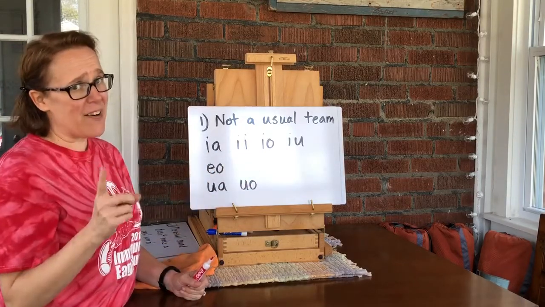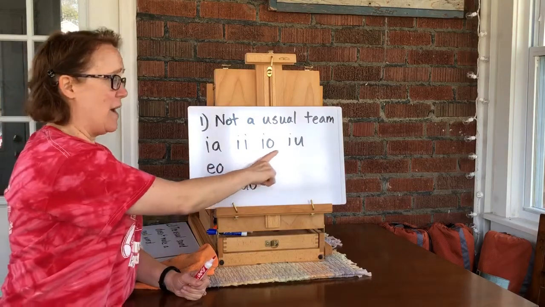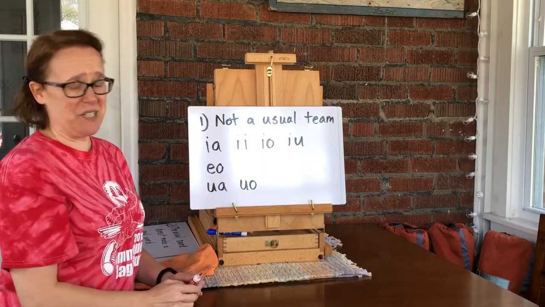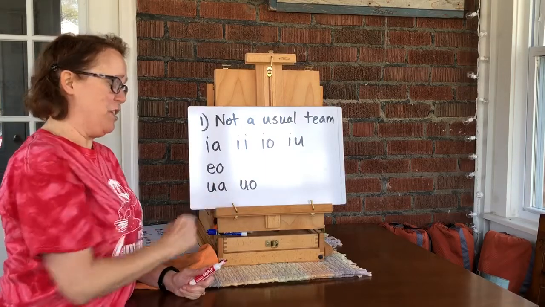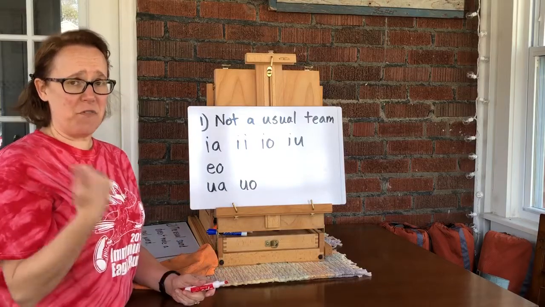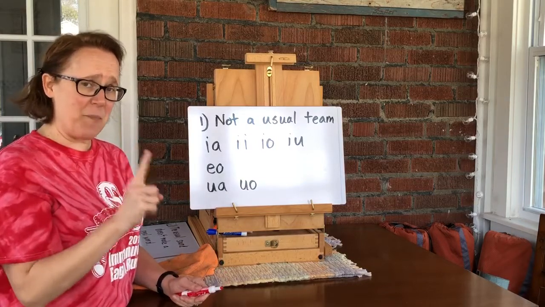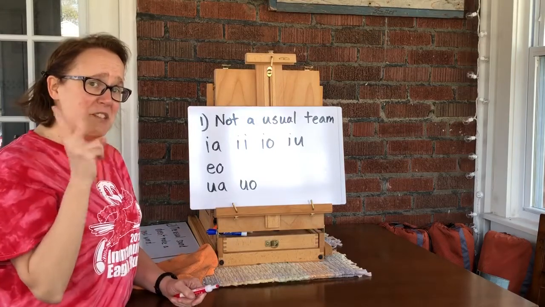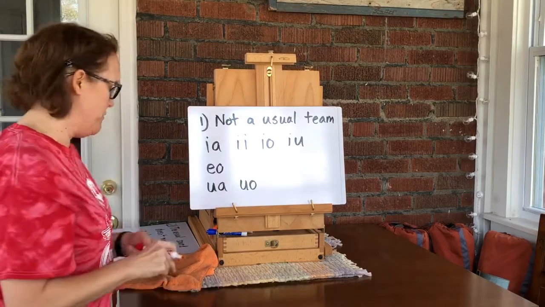II, although rare, not a team. IO and IU, not a team. EO, usually not a team. UA and UO, not a team. But anytime you see a pair of vowels and you can't think of the one sound they make, they're probably not a usual team, and they're going to make 2 sounds, not 1 sound.